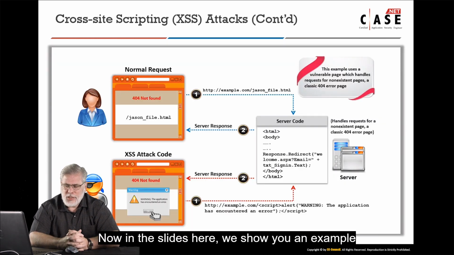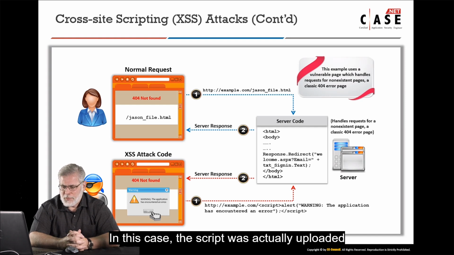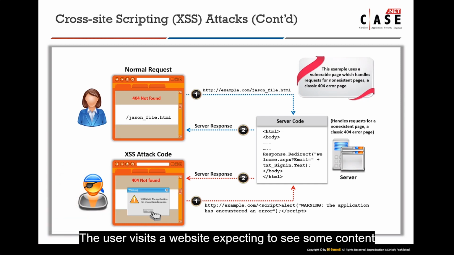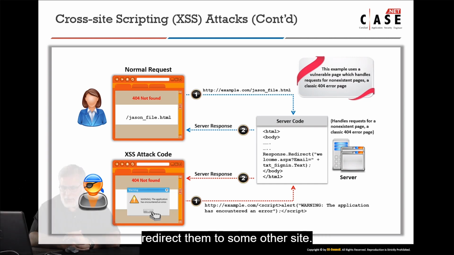Now, in the slides here, we show you an example of a particular cross-site scripting attack. In this case, the script was actually uploaded in a particular file. The user visits a website expecting to see some content from other users, but instead the script is executed and it can do anything I want them to do. Redirect them to some other site.